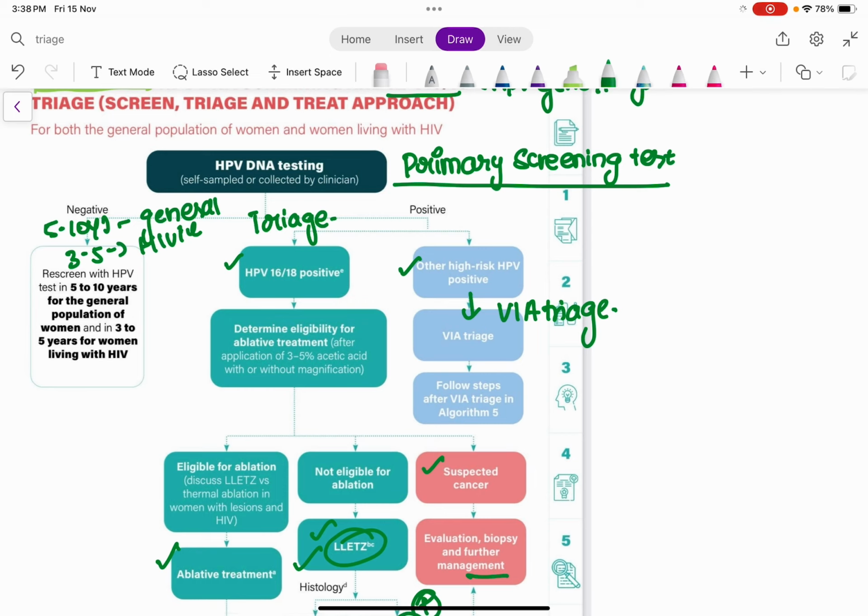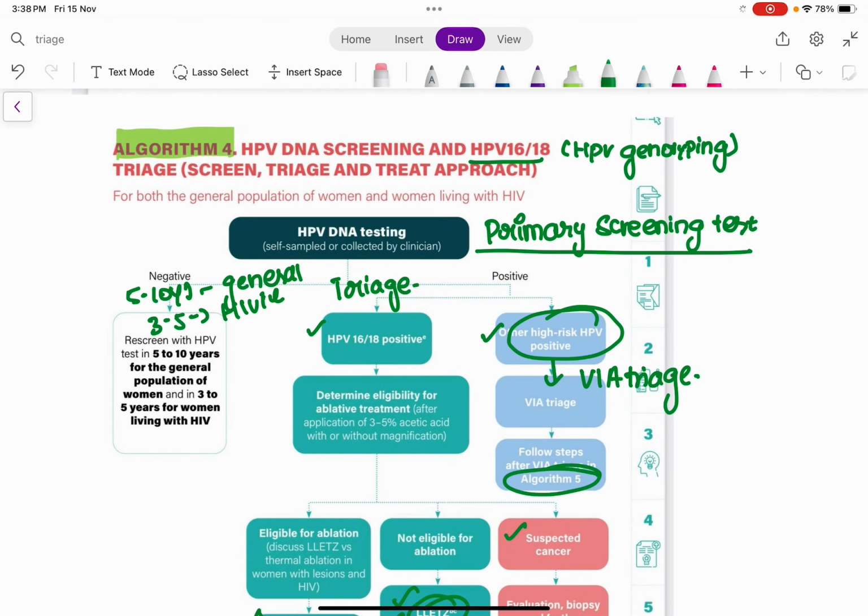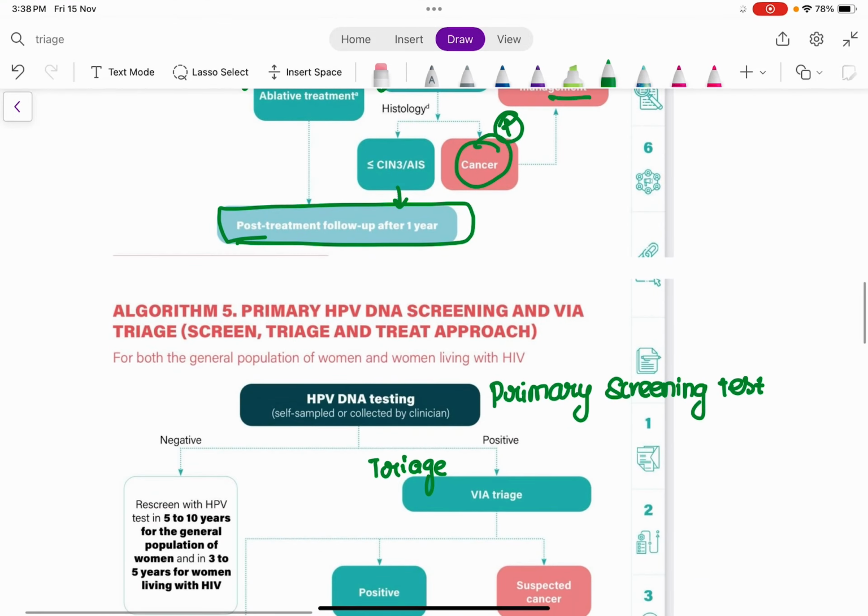So here the primary screening test was HPV DNA testing and the TRIAGE test was HPV genotyping, and for other high risk HPV subtypes, the TRIAGE test was visual inspection with acetic acid, which we will be discussing in the next algorithm. So algorithm 4 was all about HPV DNA testing as the primary screening test and HPV genotyping as the TRIAGE test.